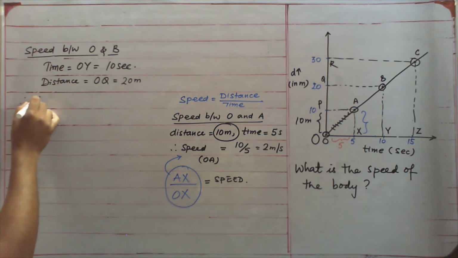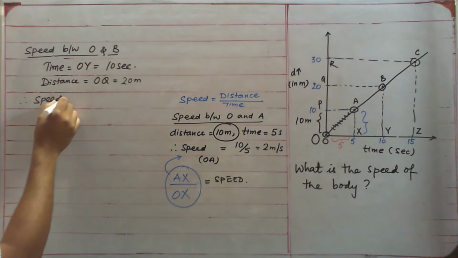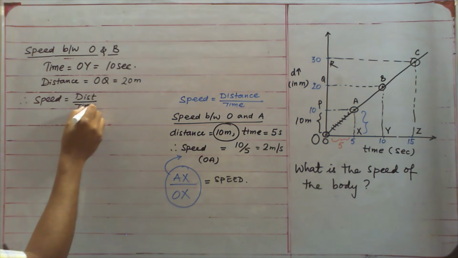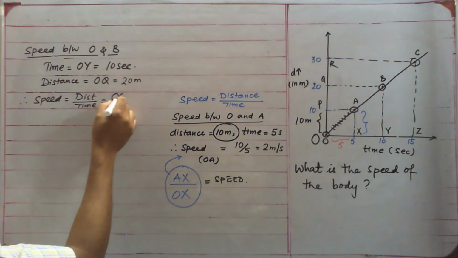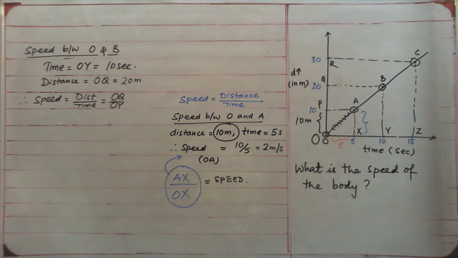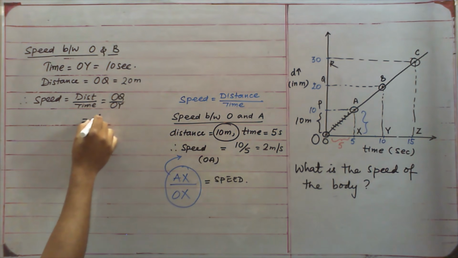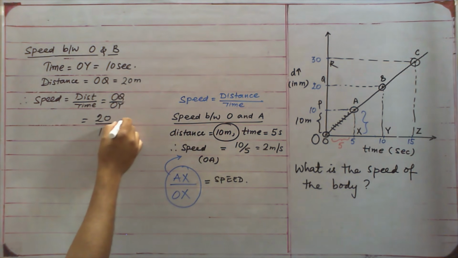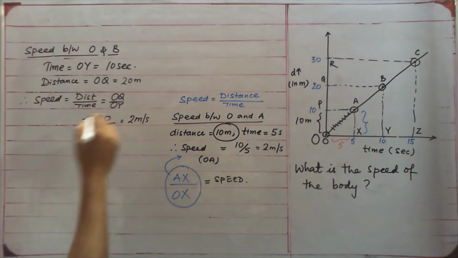Therefore, speed is equal to distance by time, so OQ by OY. OQ is 20 divided by OY, which is 10. So we get 2 meter per second again.